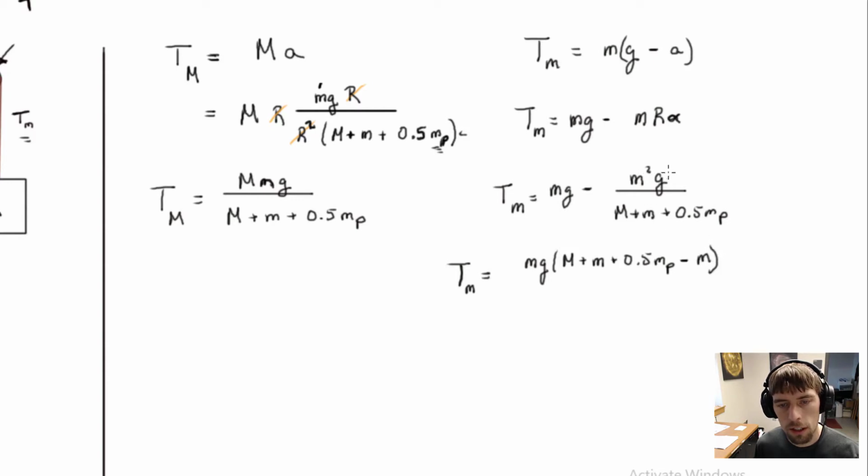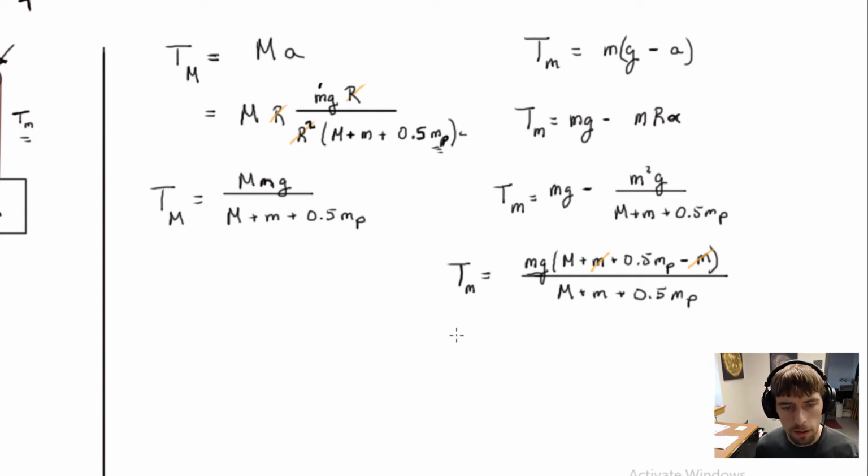I have an m g here, m squared g. If I pull an m g out, I'd have a minus m left over. Of course, I have this all over big M plus little m plus 0.5 M P. Oh, goody goody. That m cancels that m.